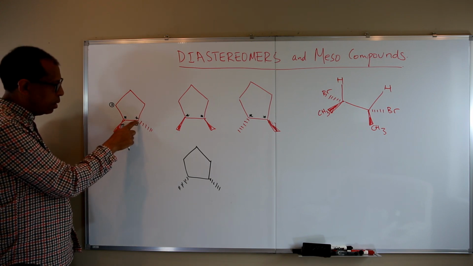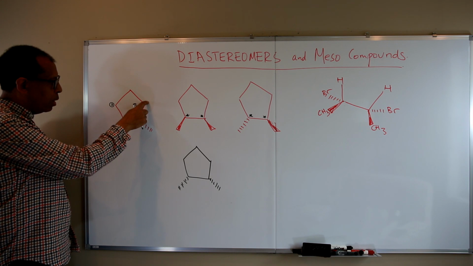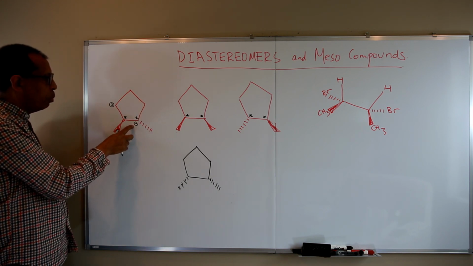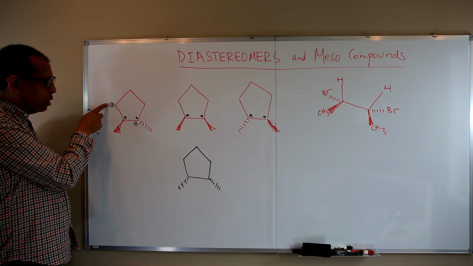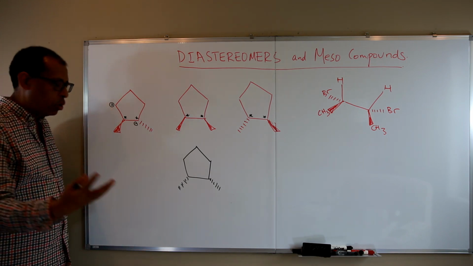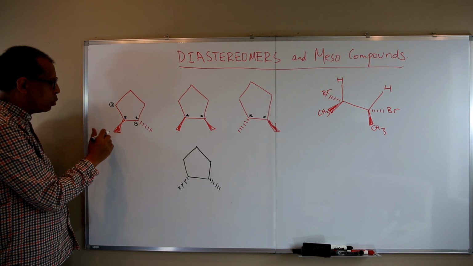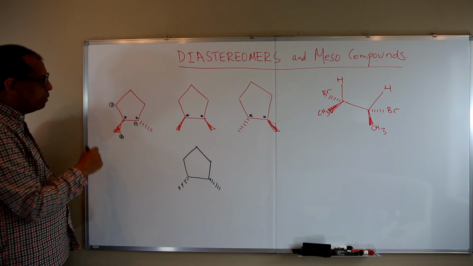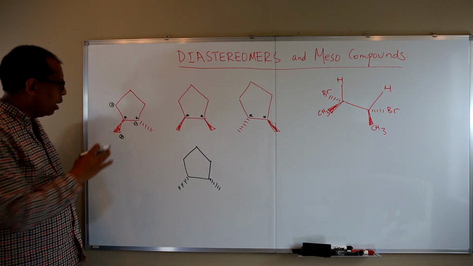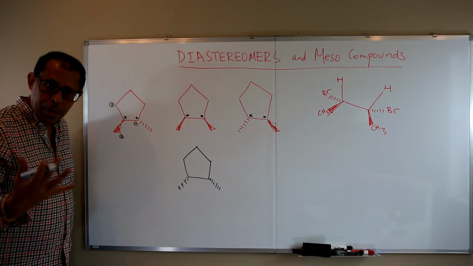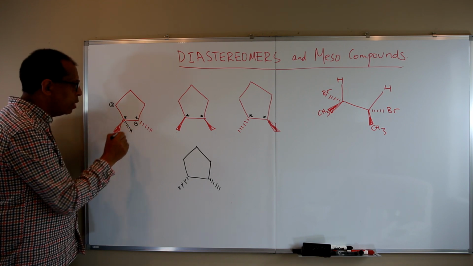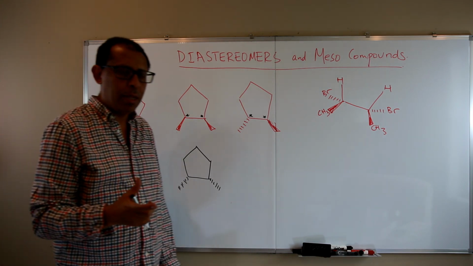This carbon has 1 carbon here, 1 carbon. So it has 2 carbons and 1 hydrogen. Therefore, it is higher priority than this one, because this one has only 2 hydrogens. The third one would be the methyl group itself. Here, luckily, our hydrogen is at the back of the plane, down here, so we don't have to rotate anything.